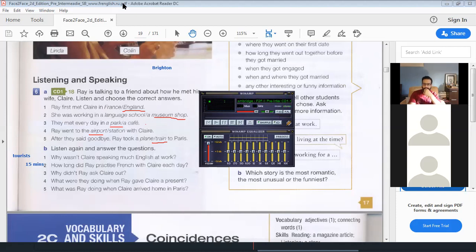All right. So what was the reason why Ray didn't ask Claire out? Because he was... What do we call someone who can't ask things in English?